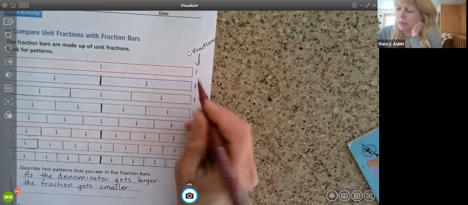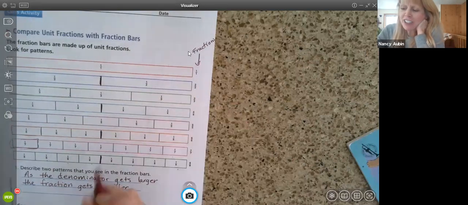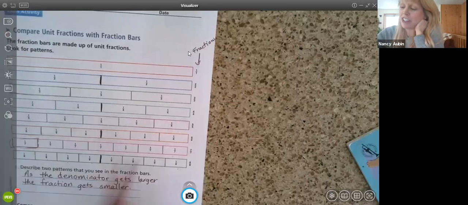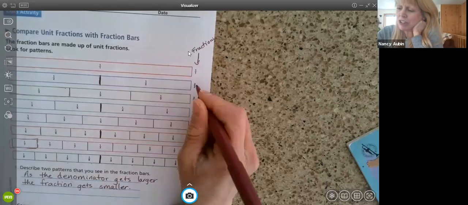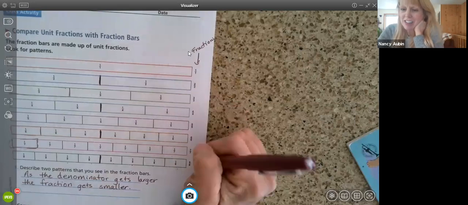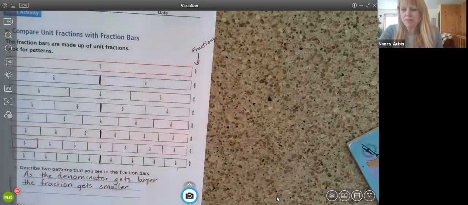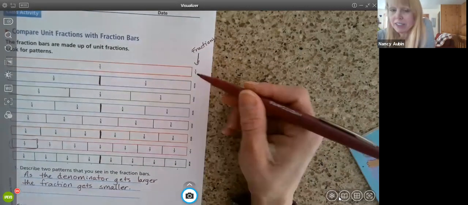But notice the numerator. All the fractions in the bars are unit fractions. What is happening with the numerator? Something different. Lucas, what's happening with the numerator for each one of these fractions?